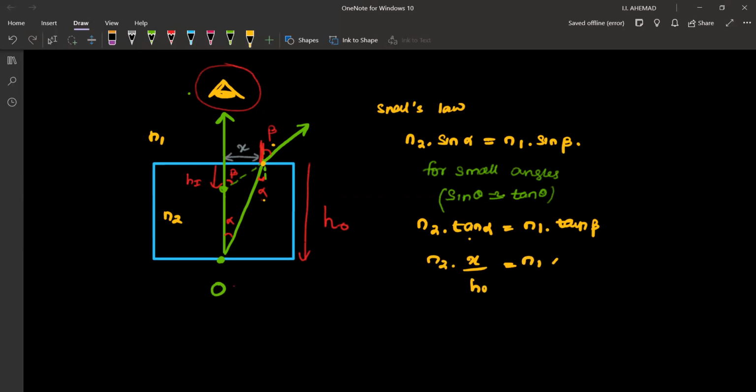And for tan beta, we have opposite is x and adjacent is hi. X over hi. So x gets cancelled and let's take N2 over N1, that is equal h0 over hi.